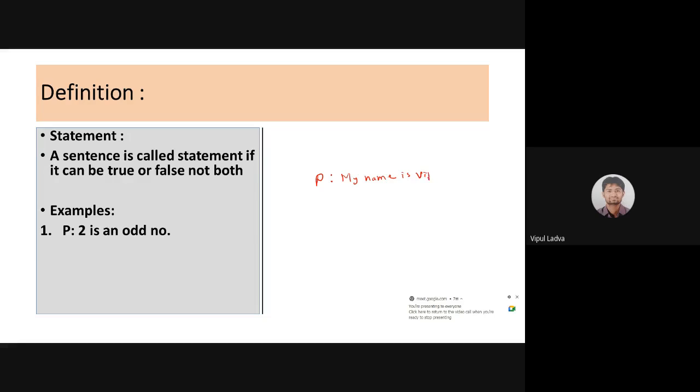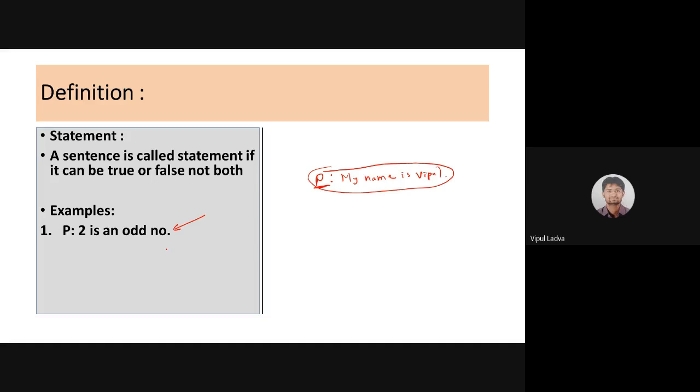So this is the general format for a statement, is it? P colon means I'm labeling this particular sentence as P. Now, let's decide whether this sentence will be considered a statement or not.